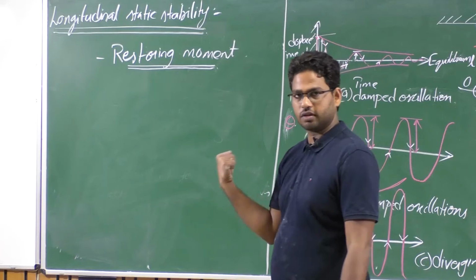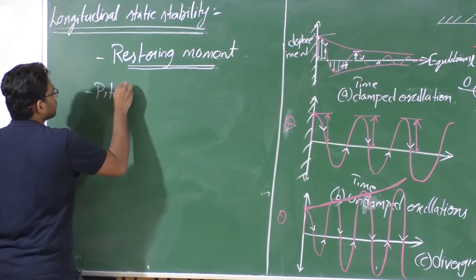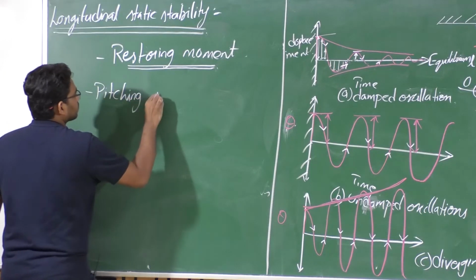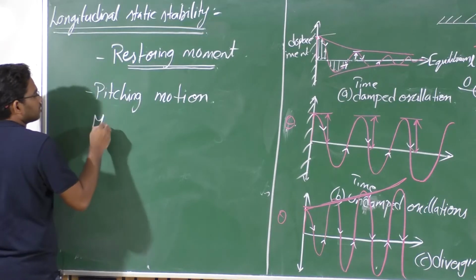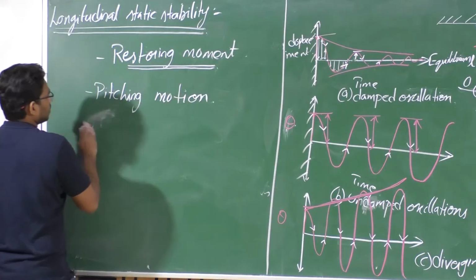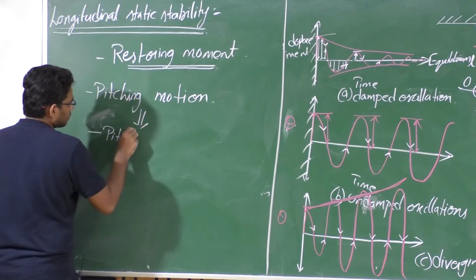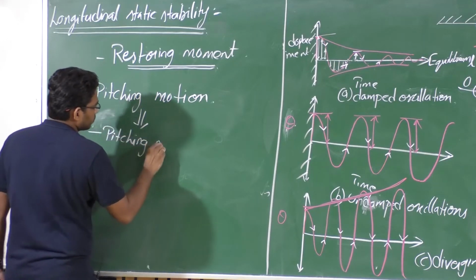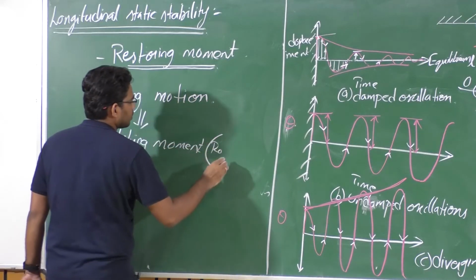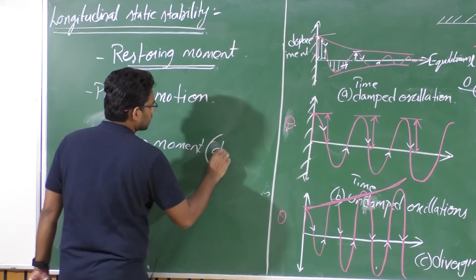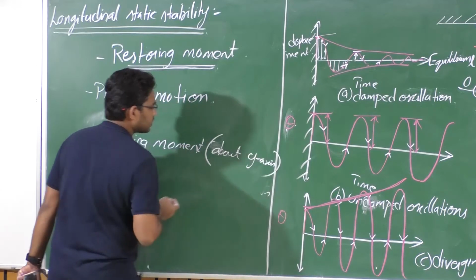The body y-axis, which is the pitching motion. So we need to talk about pitching motion here, which is due to the pitching moment, the rotation or moment about the body y-axis that we just discussed, right?